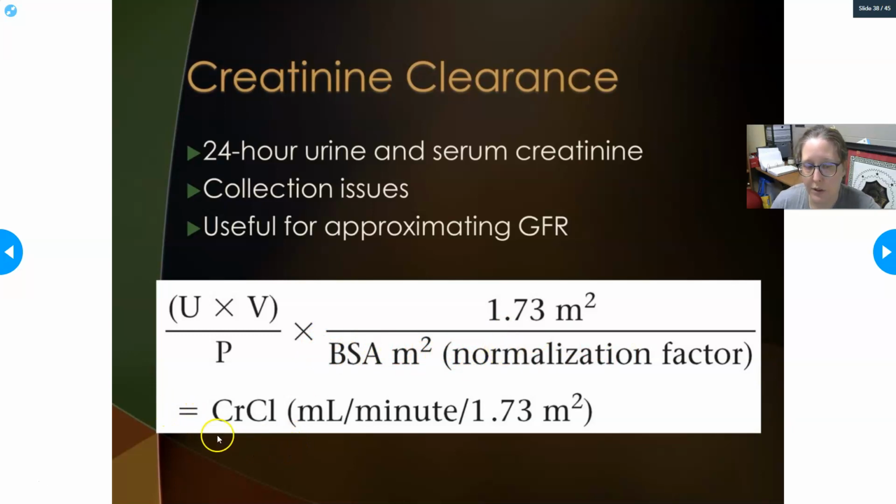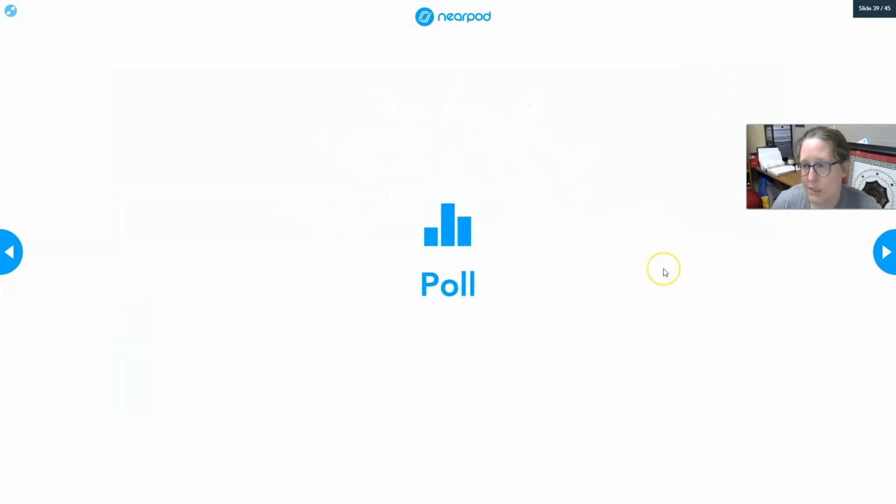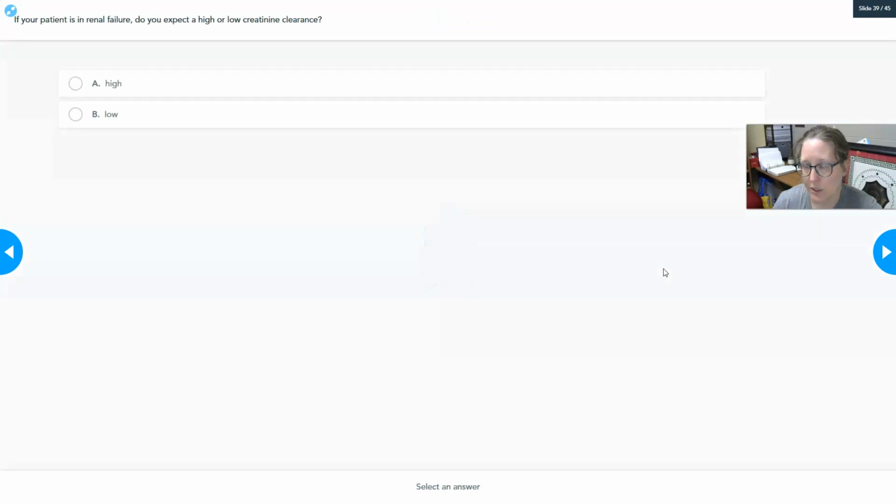And then that gives you the creatinine clearance in mils per minute per body surface area. And the volume is in 24 hours, so there's the calculation there using 24 hours translated into minutes.